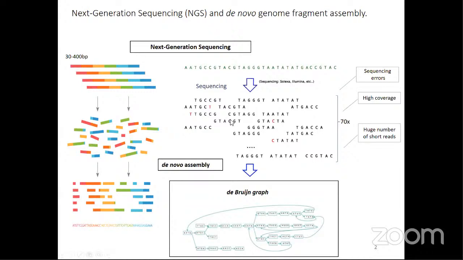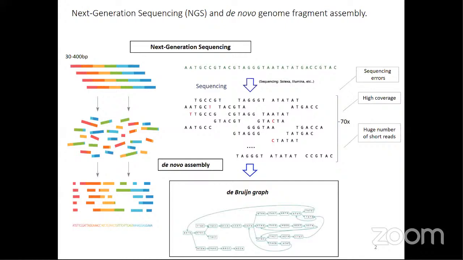Since the reads are obtained at random positions and there may be sequencing errors, this technology tries to read each position of the genome several times, which is defined by coverage, generating a large number of reads with a high degree of redundancy.